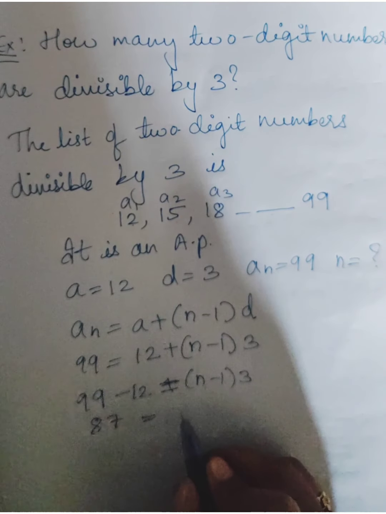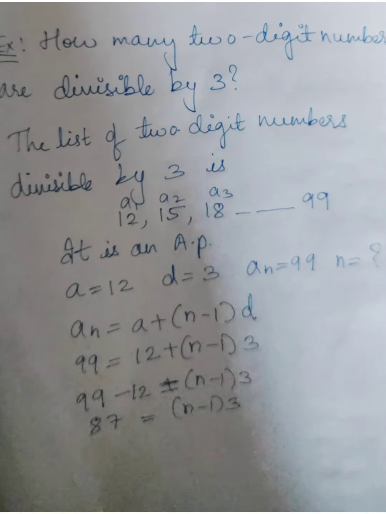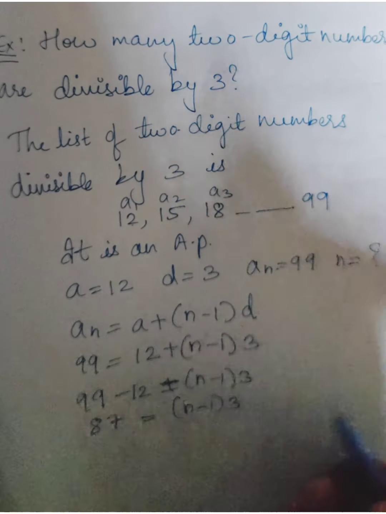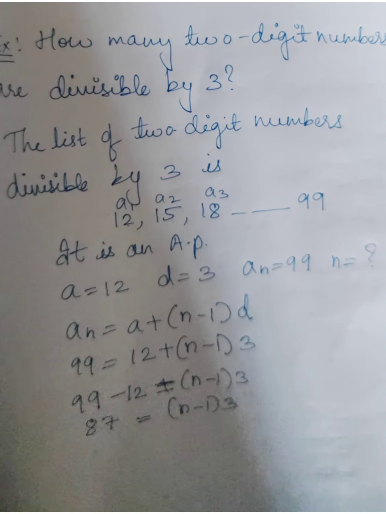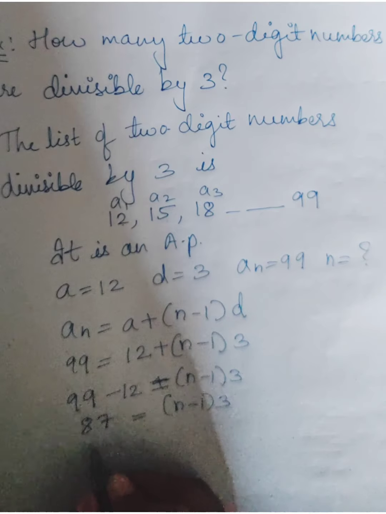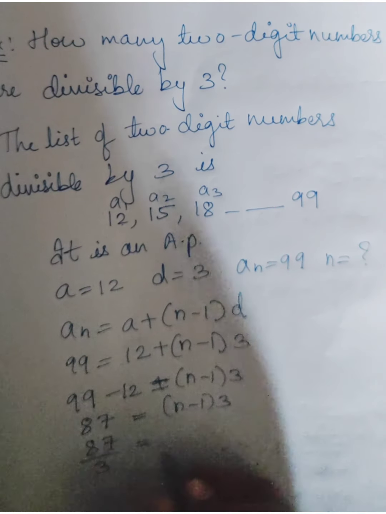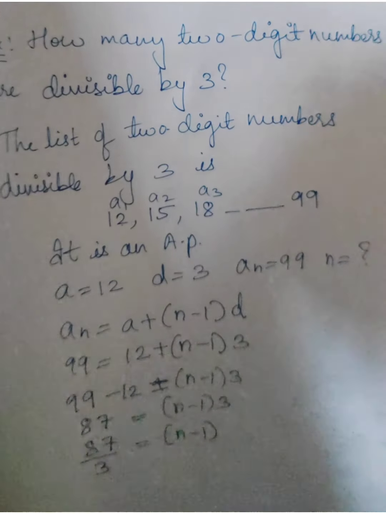So this will be n minus 1 into 3. Next you are going to shift this 3 here, so it will go into the denominator. So 87 by 3 is equals to n minus 1.